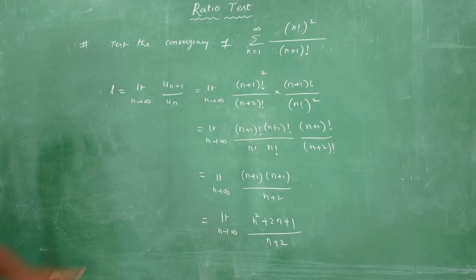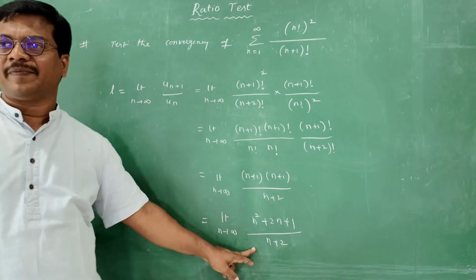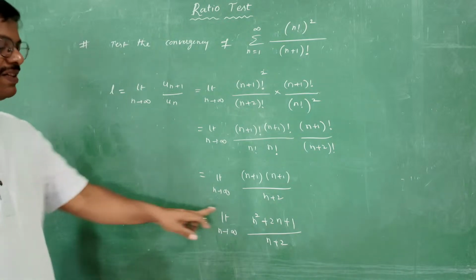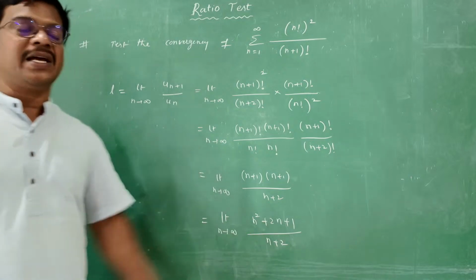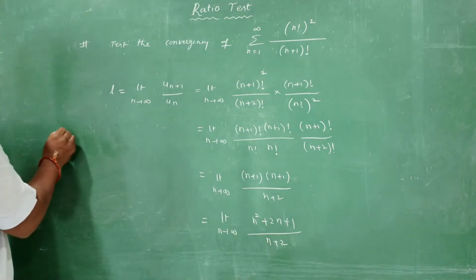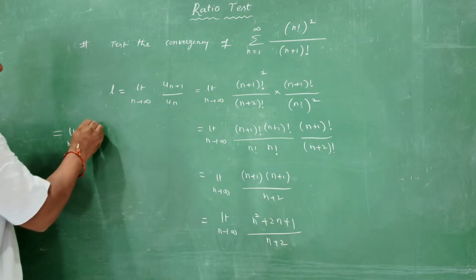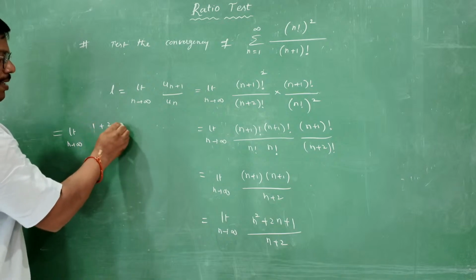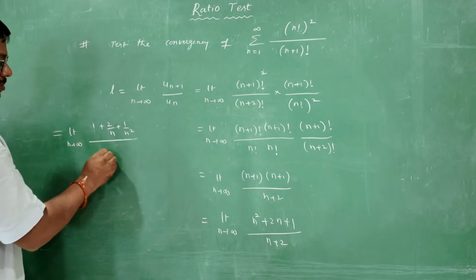Now divide each and every term with n. Directly by writing n value infinite, we get infinite by infinite form. Okay, divide with n square. Why? Because highest exponent 2 you have here, higher degree 2. So I am dividing each and every term with n square. Now limit n tends to infinity. If I divide with n square, first term become 1. Next 2n by n square gives 2 by n. Next 1 by n square. And here n by n square become 1 by n.